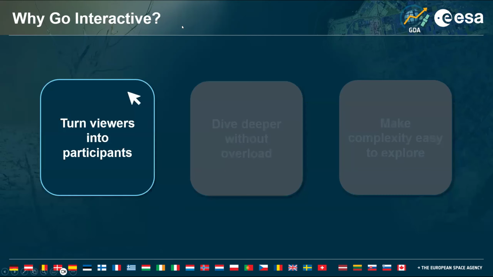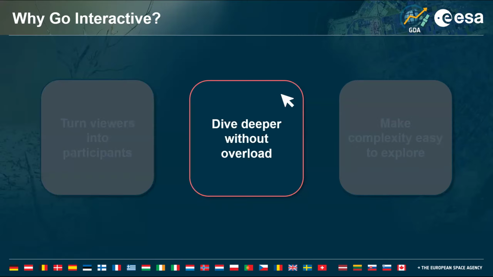Why should we go interactive, and produce interactive formats of communication? First of all, because interactive tools turn viewers into participants. People don't just read or watch, but they click, scroll, and explore, so they stay engaged with the content.